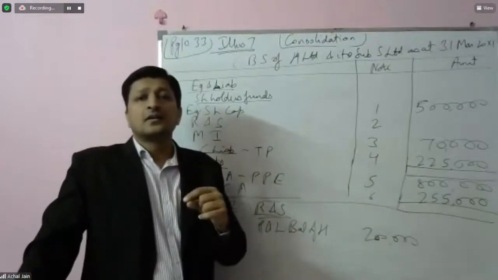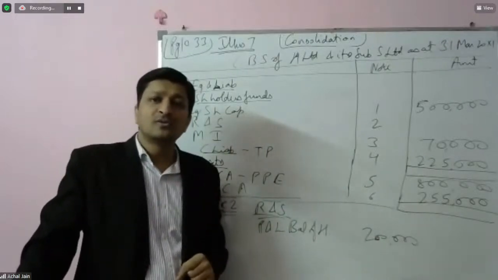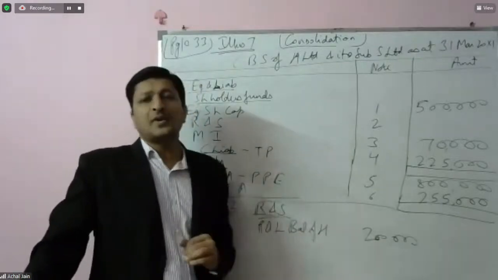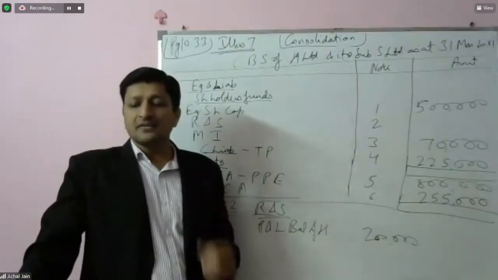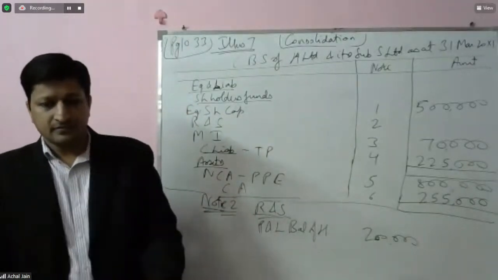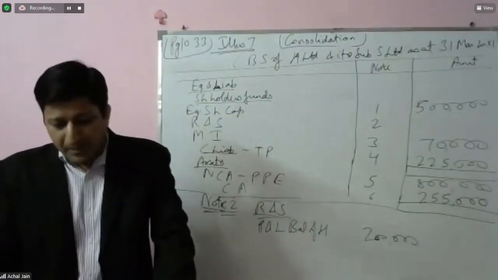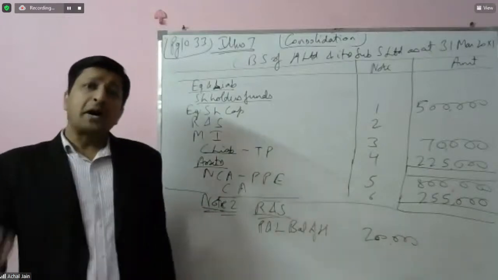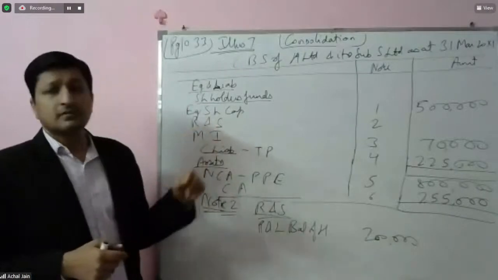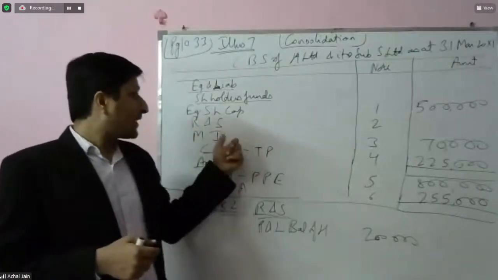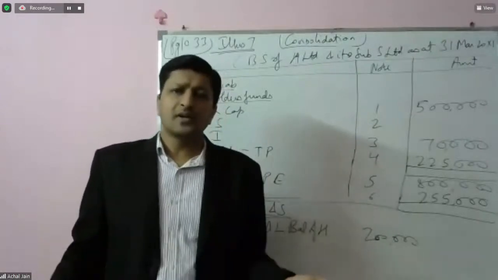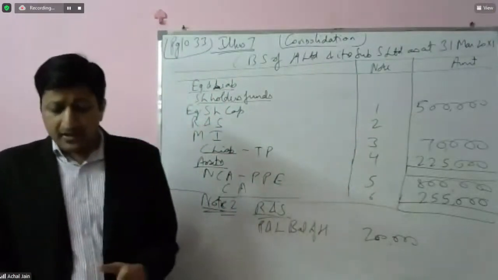And the other part has already gone to whom? That has already gone to goodwill or capital reserve. There is nothing which is left. Correct? I am repeating my point. Part of that reserve balance has gone to minority interest. Means 20% has gone to minority interest and 80% has gone to goodwill or capital reserve. So that's why it's 0.